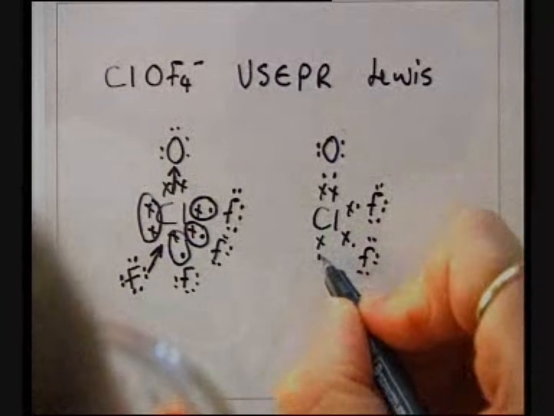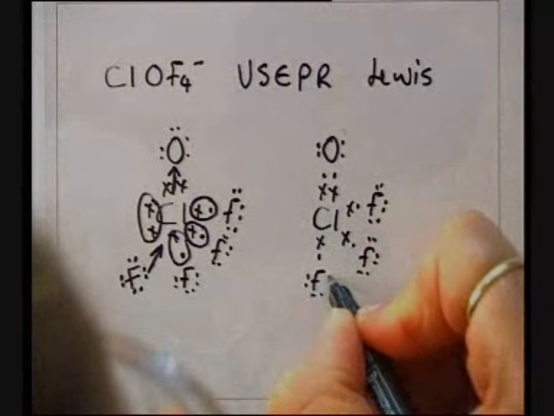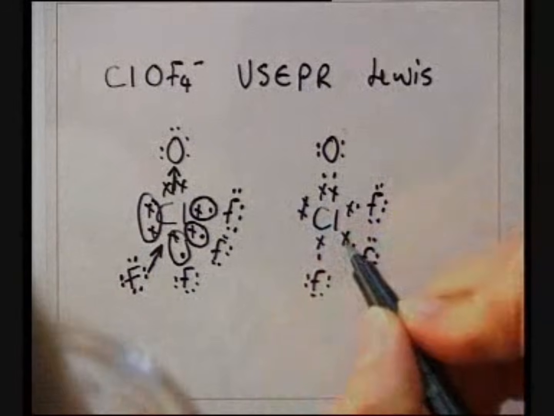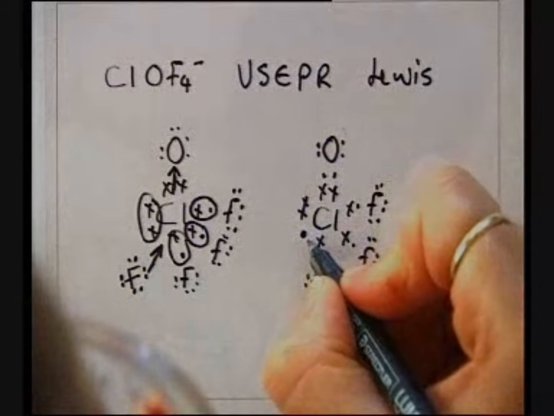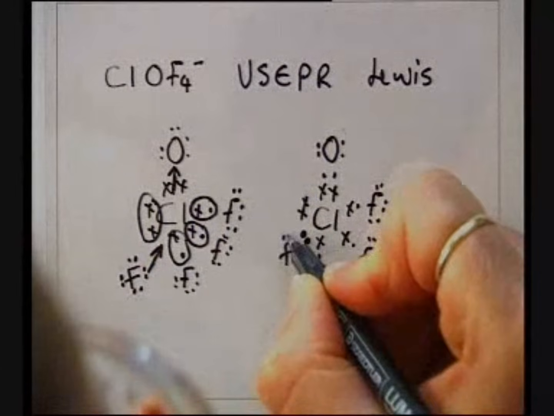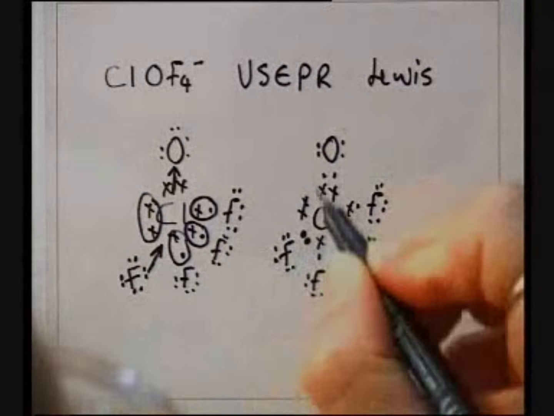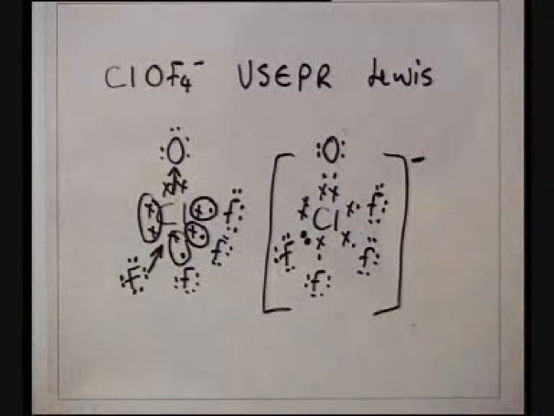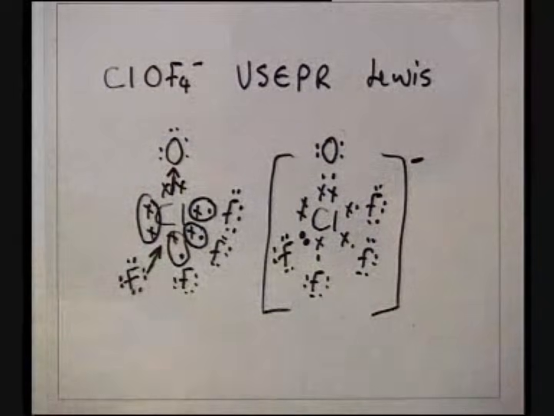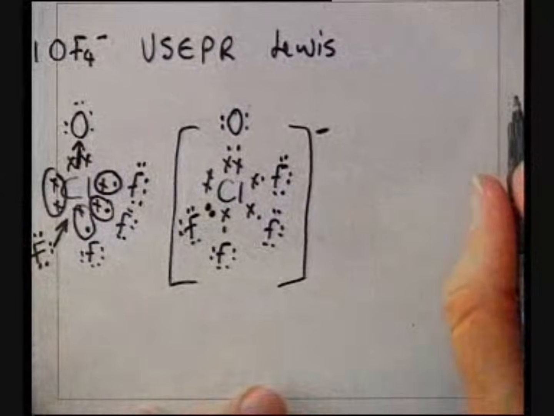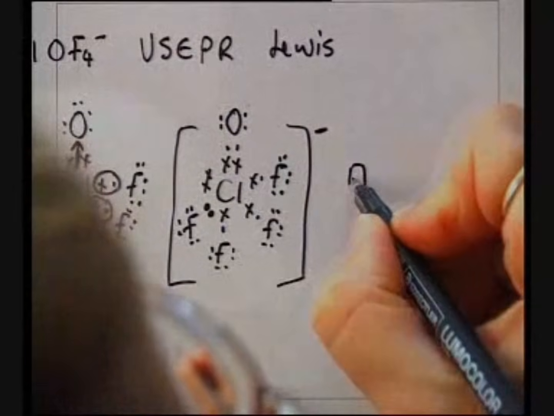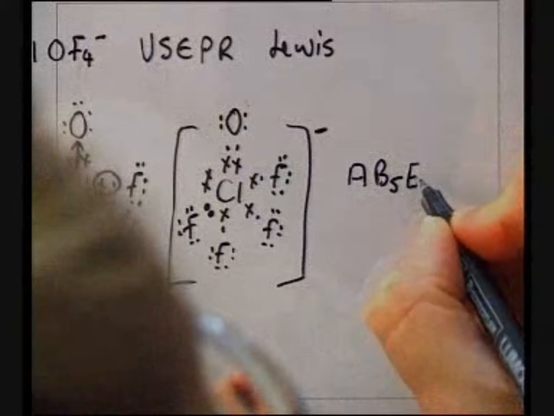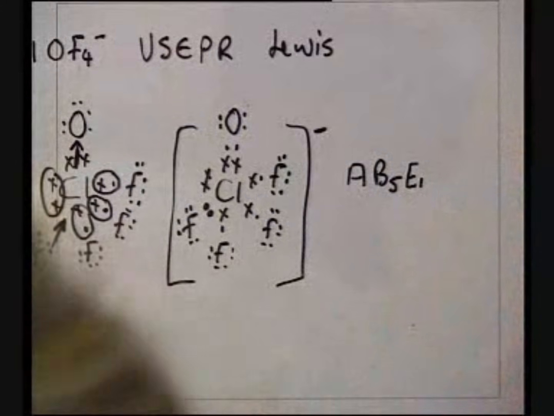We have got 3 single bonds to fluorine atoms with 7 valence electrons. We have got a lone pair on the central atom, and we've got a dative covalent bond where one fluorine atom with 8 electrons will form a dative covalent bond to the central atom. For the prediction of the molecular geometry, we have got a central atom A bonded to 5 terminal atoms and 1 electron pair on the central atom.